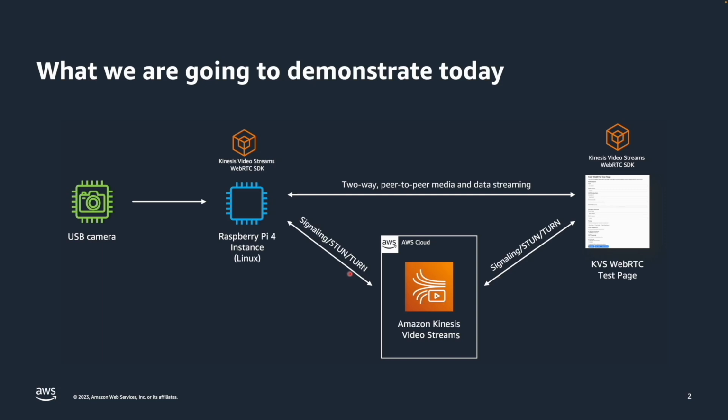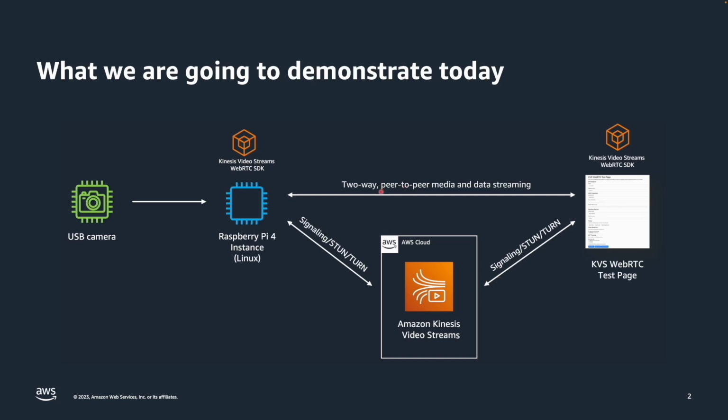All of this information will be exchanged over the signaling channel, and once the two clients agree on the codecs for audio and video and the protocol that they are able to support, then the communication will start.